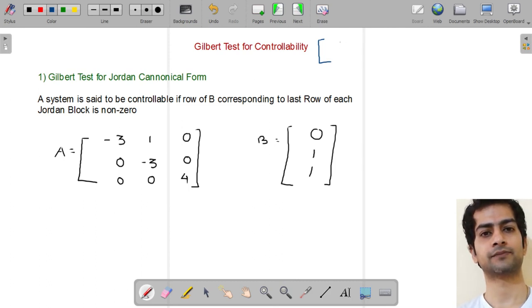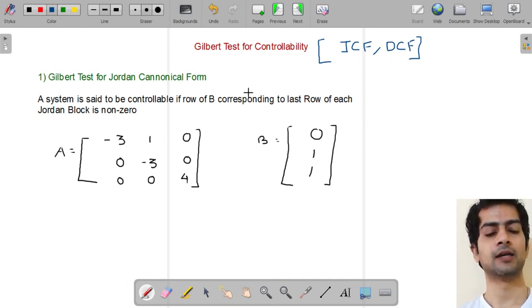That is, if our matrix A is in Jordan canonical form, or if it is in diagonal canonical form. These canonical forms we have seen in detail, so I am not going to brief them again here. So the Gilbert test for controllability will be applicable if our A matrix is in Jordan canonical form or diagonal canonical form.